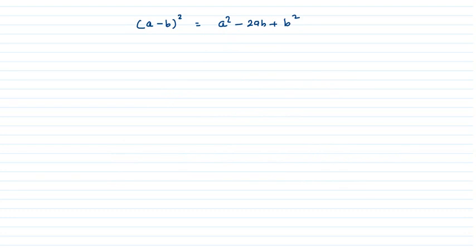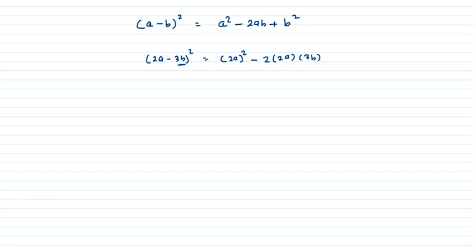Let's take one example here, like 2a minus 3b whole square. Same, 2a whole square, minus 2 into first term. First term is 2a, second term is 3b. You don't have to write minus 3b. Please, this is your second term, that means 3b itself, only 3b.